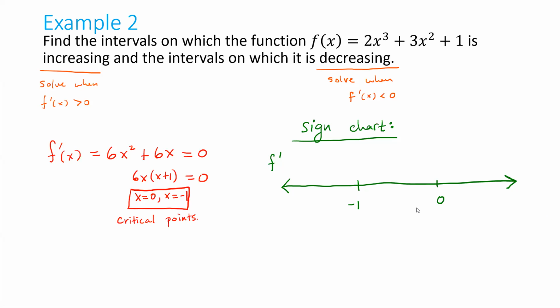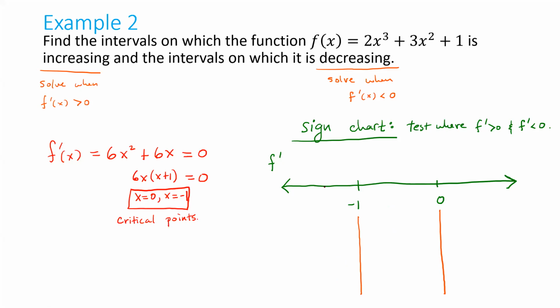Okay. So the idea here is we test where f prime is positive and where f prime is negative. So we have these boundaries where f prime is equal to 0 at -1 and 0. So those create the points where it could potentially change sign.